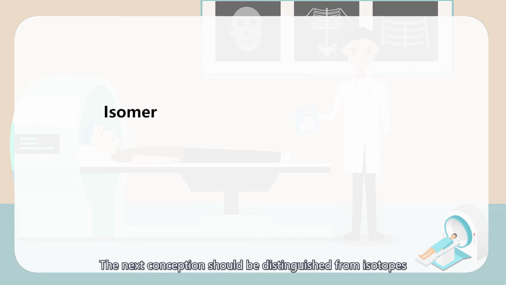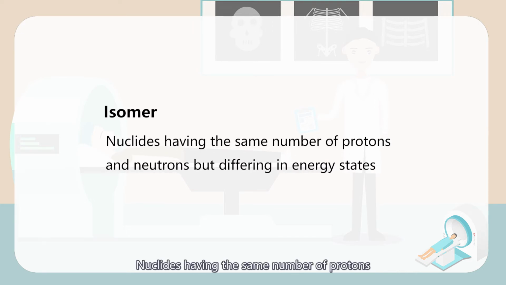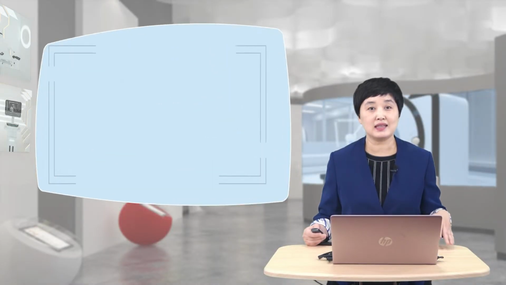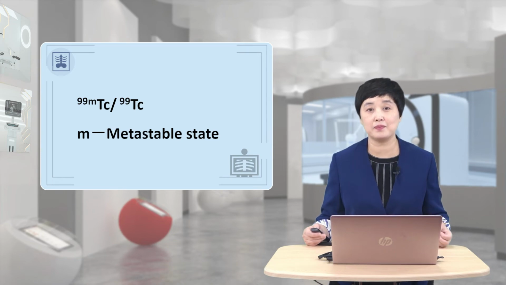The next concept to be distinguished from isotope is isomer. Nuclei that have the same number of protons and neutrons but differ in energy state are called isomers. For example, technetium-99m and technetium-99.